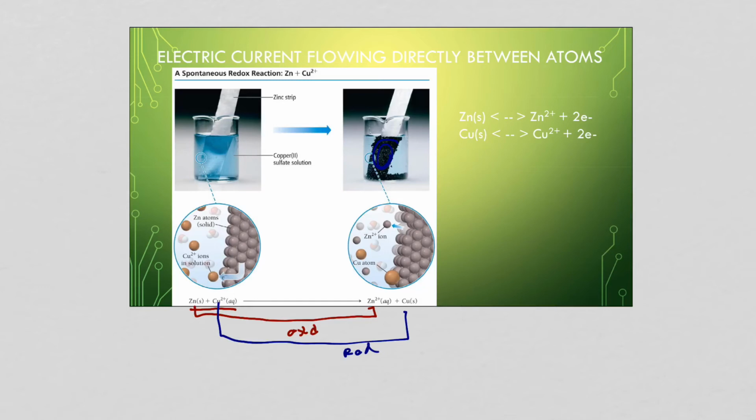Now, this is great. We can observe this reaction, but it's not terribly useful, because we can see the electrons are just flowing over a very small pathway. If you look here, the atoms and ions are essentially in contact.